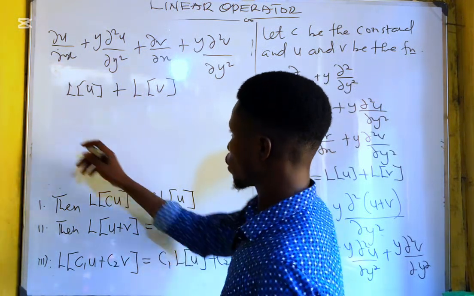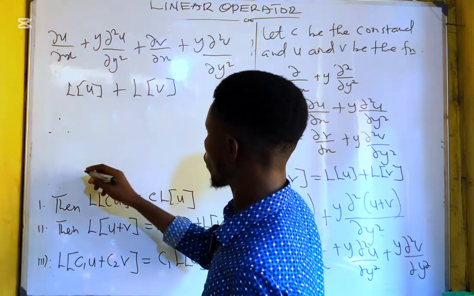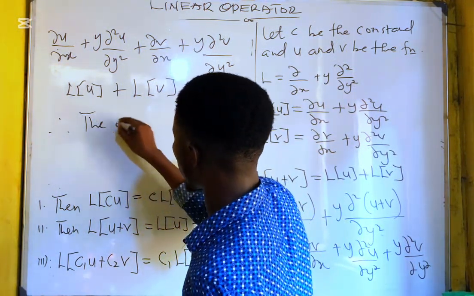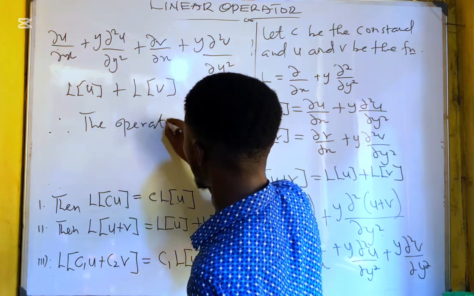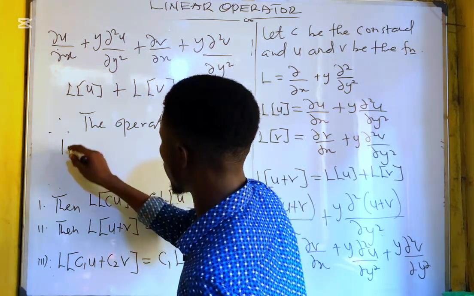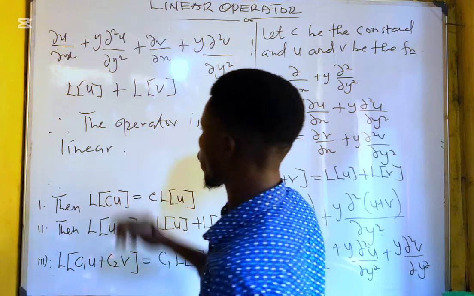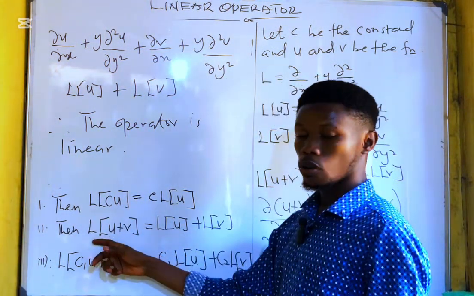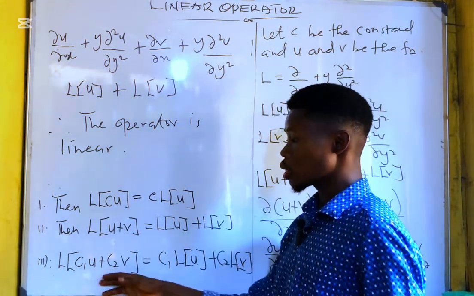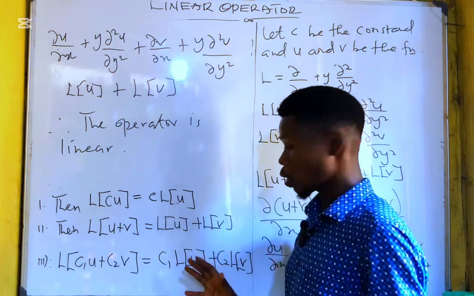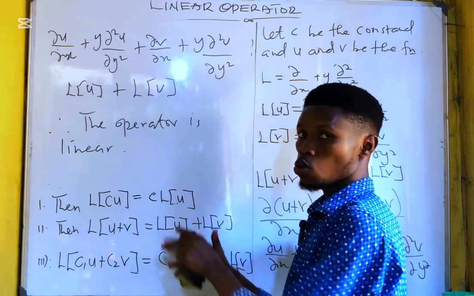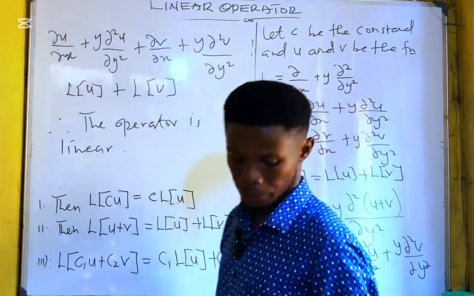So we say that therefore, the operator is linear, since the two properties hold. If somebody is using this, you just use it once and for all, and you are good to go.